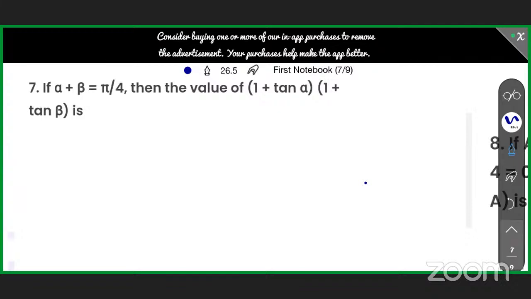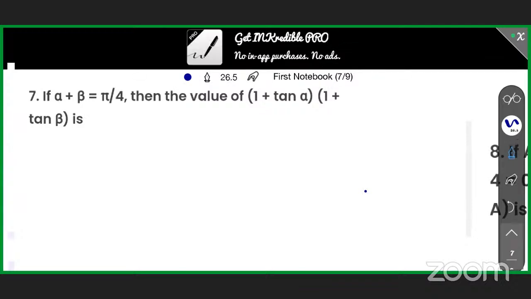How can we solve this? Any idea, dear students? You want to find the value of 1 plus tan alpha and 1 plus tan beta. Somewhere something is clicking in your mind.